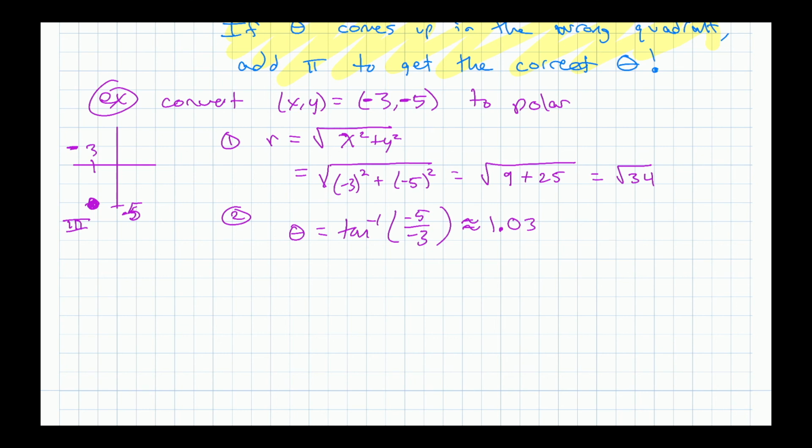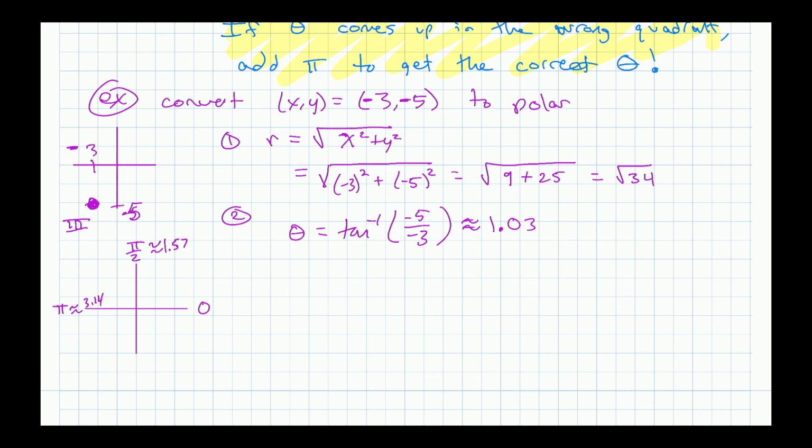Now, when you figure out where that would be, again, remember in your polar coordinates graph, theta is here, pi over 2 is here. Well, pi over 2 is approximately 1.57. You have pi here, which was approximately 3.14.